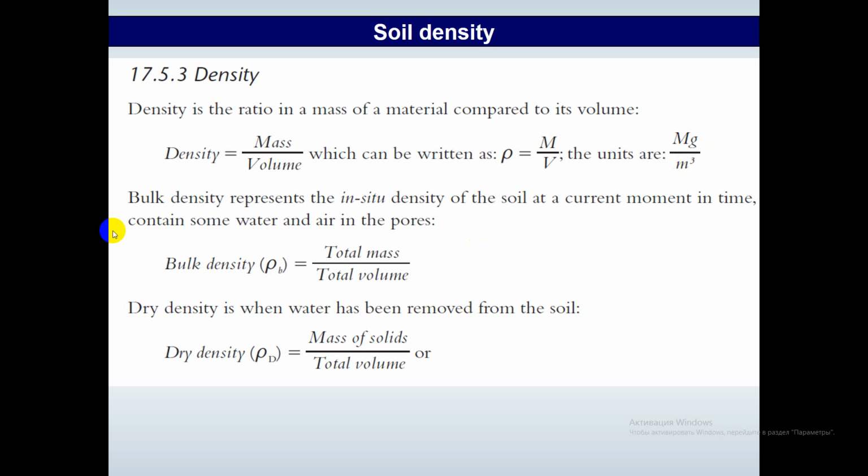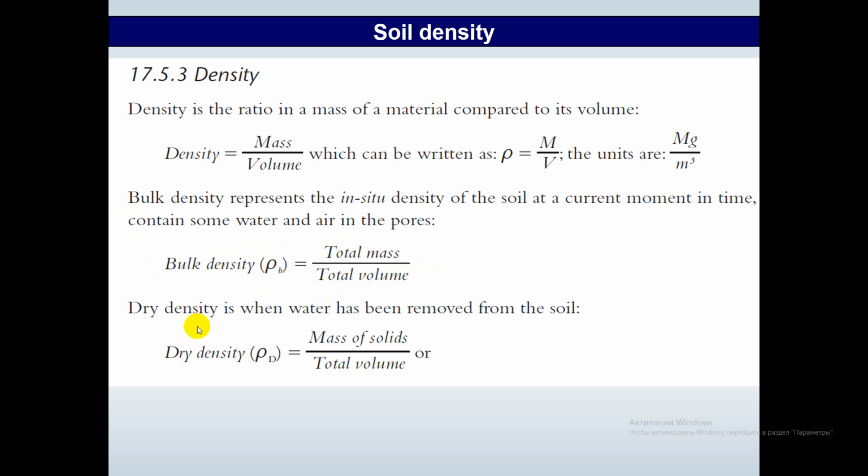Bulk density represents the in situ density of the soil at a current moment in time, containing some water and air in the pores. Bulk density equals total mass divided by total volume.